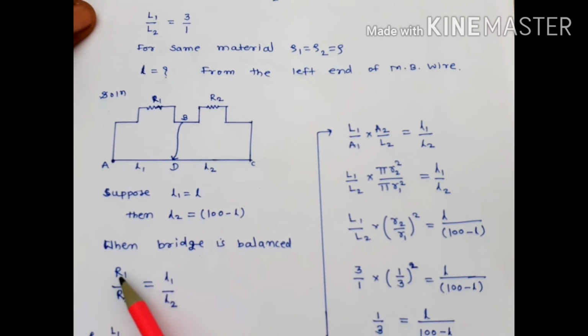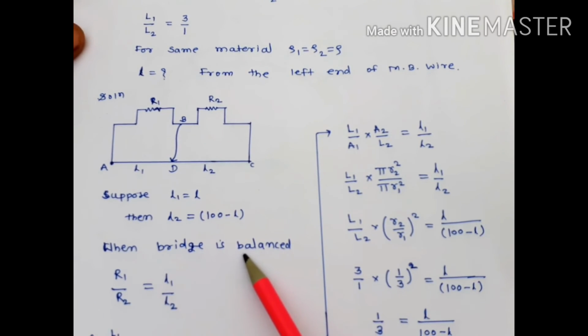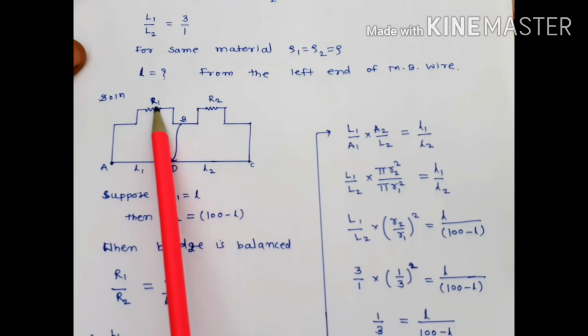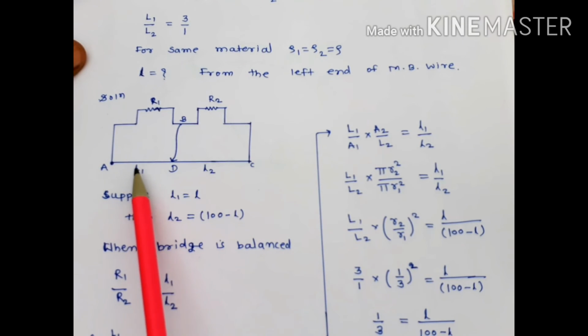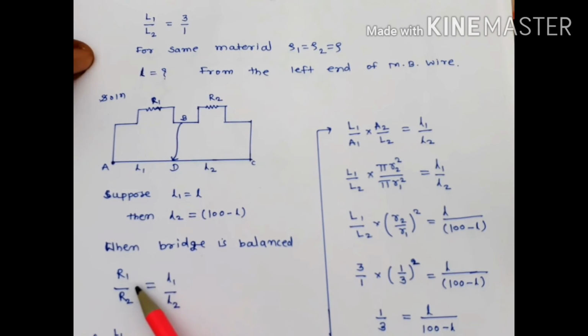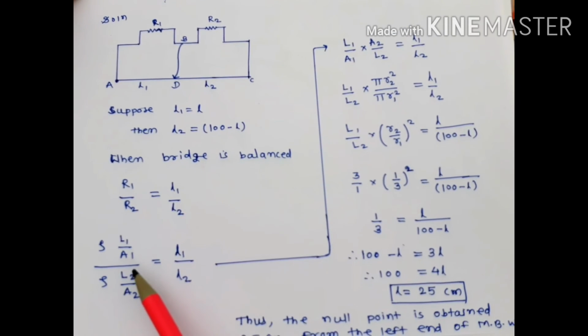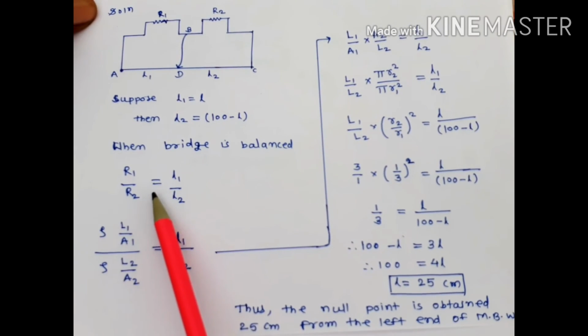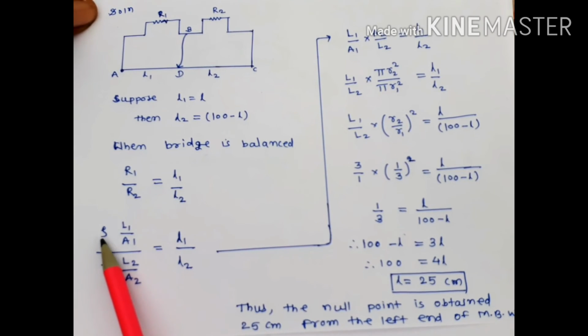When bridge is balanced, I am able to write that R1 upon R2 is equal to L1 upon L2. Then in the next step, I have expressed this resistance in terms of specific resistance.